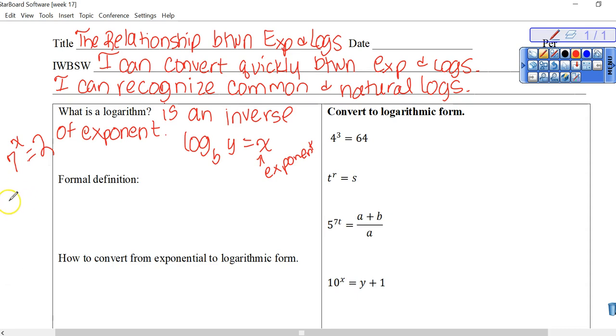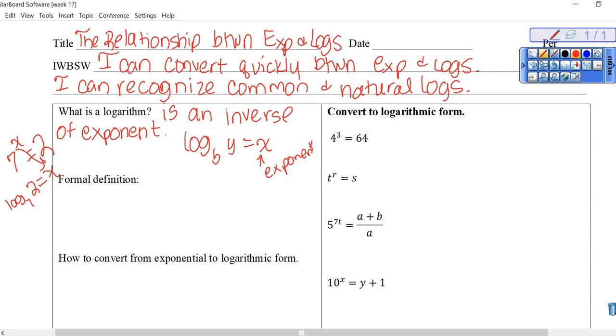So if you convert it to a log, log base 7 of 2 equals x, then you can plug log base 7 of 2 in your calculator and calculate to 4 decimal places the value of that exponent, because the answer to a log is an exponent. Okay, so that's just the basic reminder of what is a logarithm.